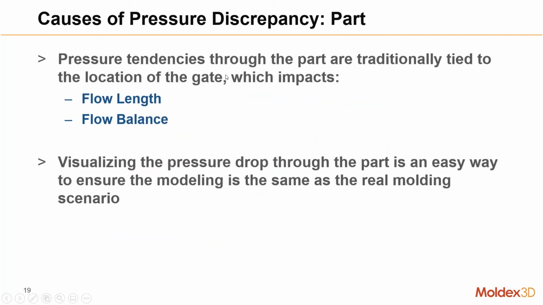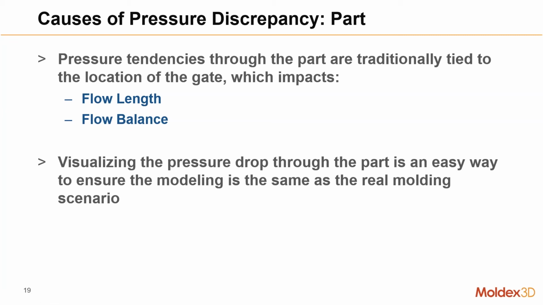All right, so moving on to the part, there are a couple of things that we need to talk about when it comes to pressure discrepancy in the part. And both of those are typically going to be tied to the gate location. Making sure that the location of the gate is exactly the same between simulation and reality is extremely important, because the location of the gate is going to impact the flow length, which I just mentioned with the gate and the runner.